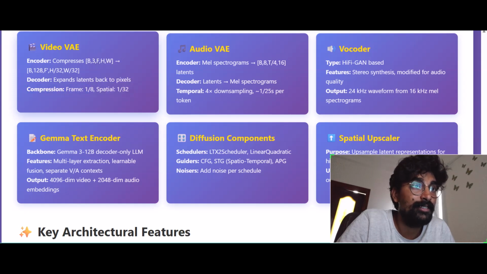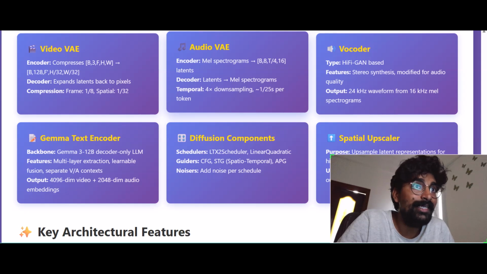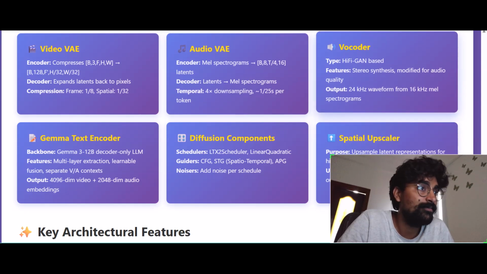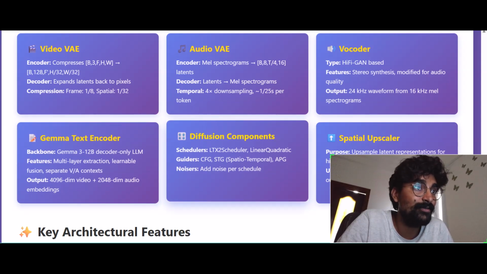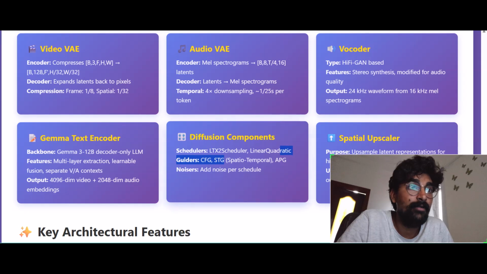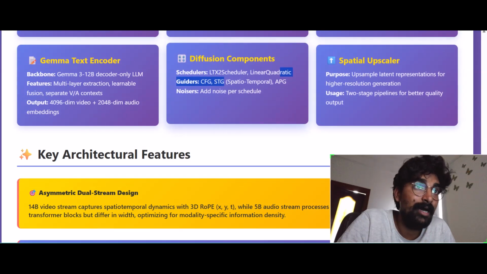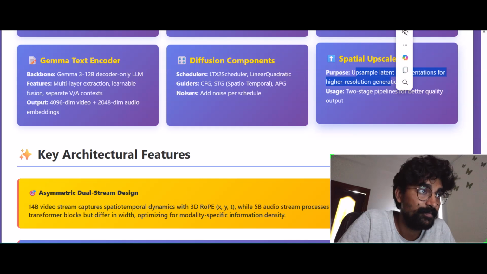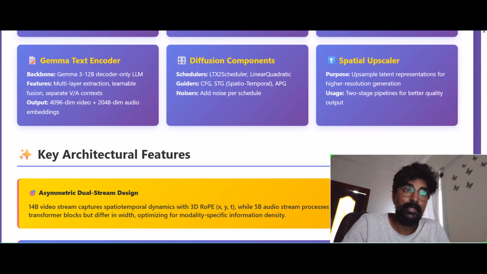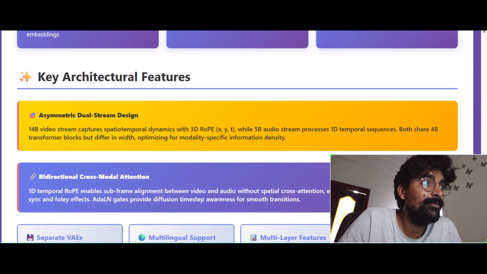The compression would be like 1:8:2 in spatial information. Similar for the audio VAE, and the vocoder finally generates your spectrum. The Gemma text encoder creates your embedding vectors. For the diffusion components, we especially use schedulers, the LTX2 scheduler, linear quadratic scheduler, CFG, STG spatial temporal, APG, and noisers, and an upscaler. The upscaler is used if you want to scale your output resolution, so the multi-stage pipeline uses this upscaler, right?